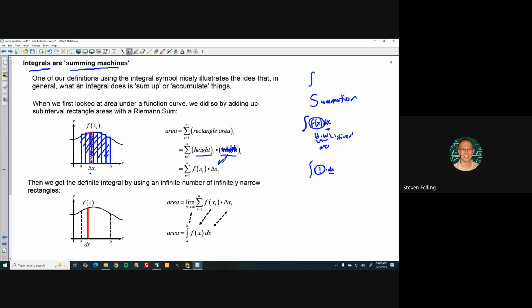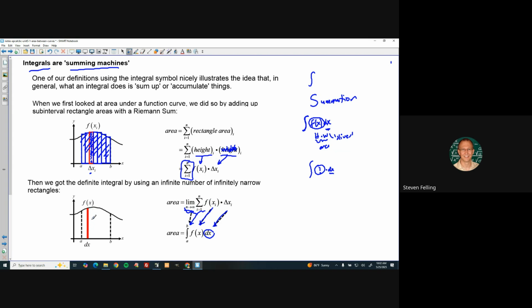That width becomes the delta x, the height becomes the function height at that selected x. When we do Riemann sums, it's either mid or left or right, and then we sum n of those rectangles. If we take an infinite number of rectangles, let n approach infinity, then this whole structure here becomes the integral symbol, a smooth summation. The integrand becomes the height, and the delta x becomes dx. This is the differential, dx, which is an infinitely small little change in the x direction.